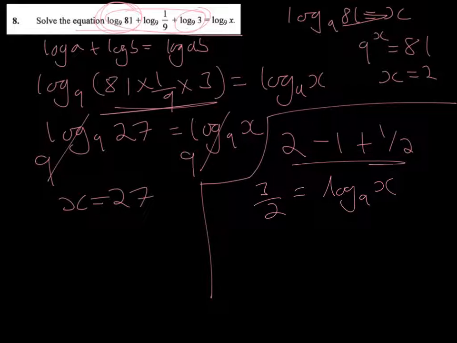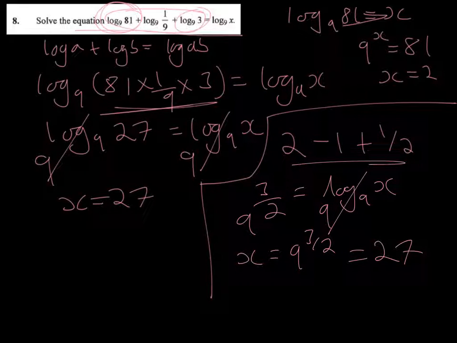So therefore, if I put both sides as exponents of 9, then I am going to end up with x equals 9 to the 3 over 2, so the square root of 9 is 3, cubed is 27, so I will also end up with 27.